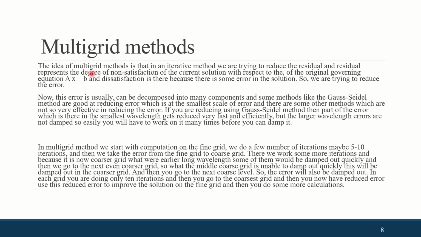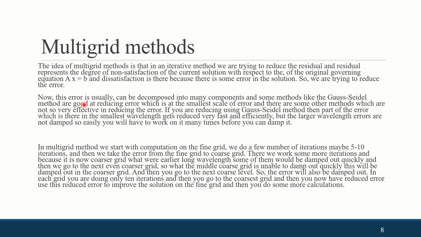So in this method we are trying to reduce this residual. The idea of multigrid method is that in an iterative method we are trying to reduce the residual, because there is some dissatisfaction with respect to the system where the current solution does not match with the original governing equation's solution. So we are trying to reduce this error.